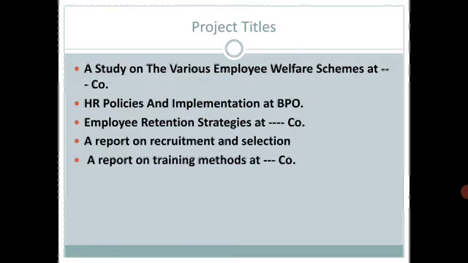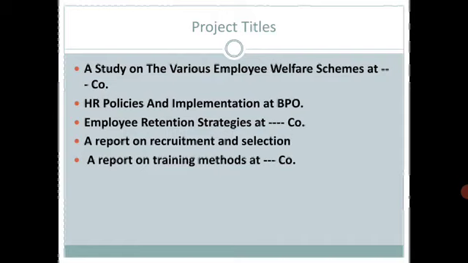Then the second objective related to project title number 1 will be to study the impact of employee welfare schemes on employee performance. This can be your second objective.